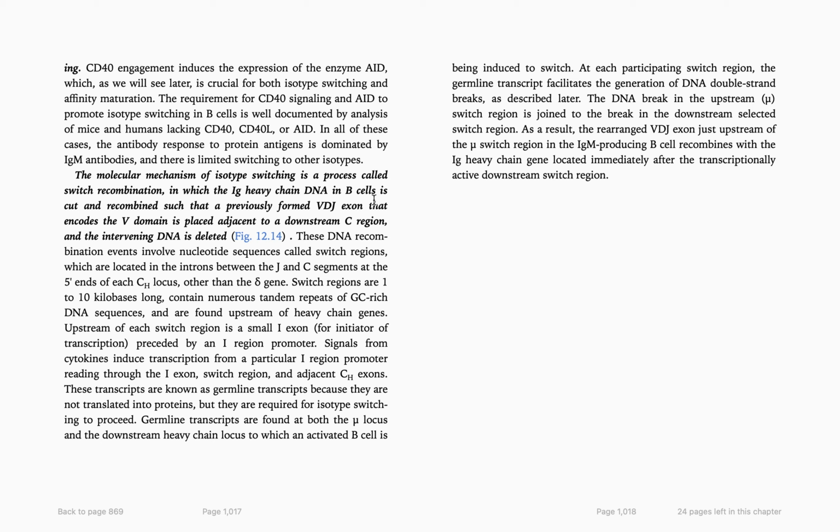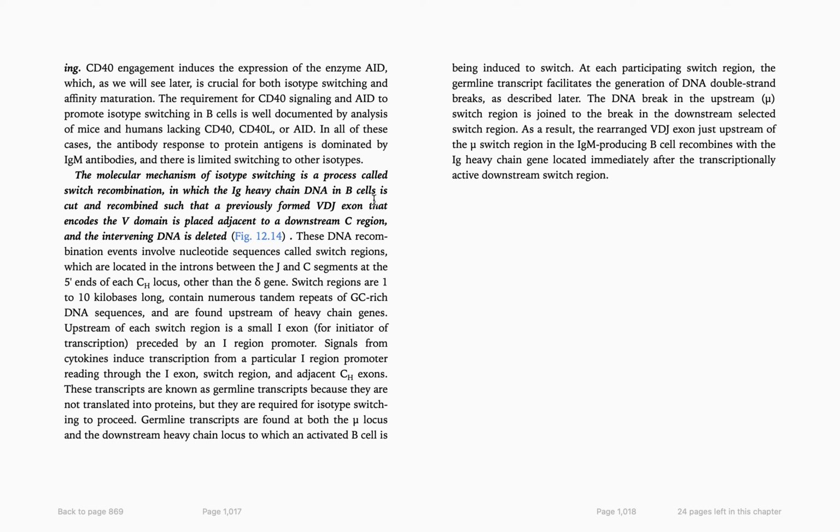The DNA recombination event involves nucleotide sequences called switch regions, which are located in the introns between the J and C segments at the 5' end of each CH locus other than the delta gene.